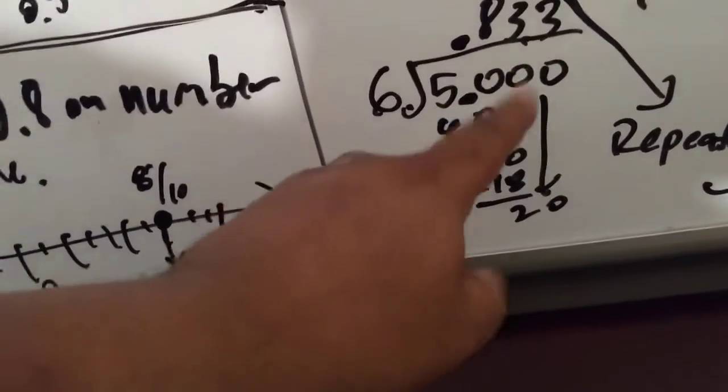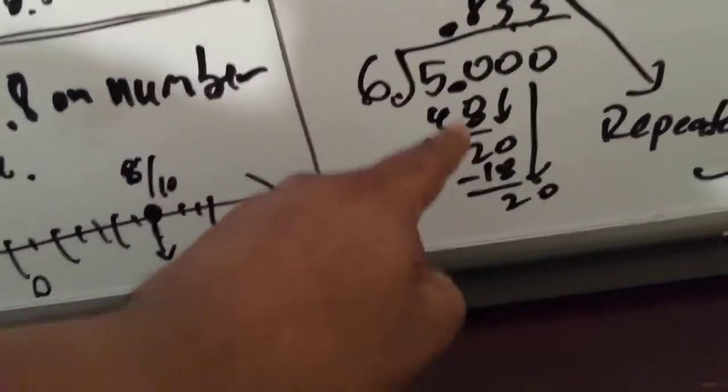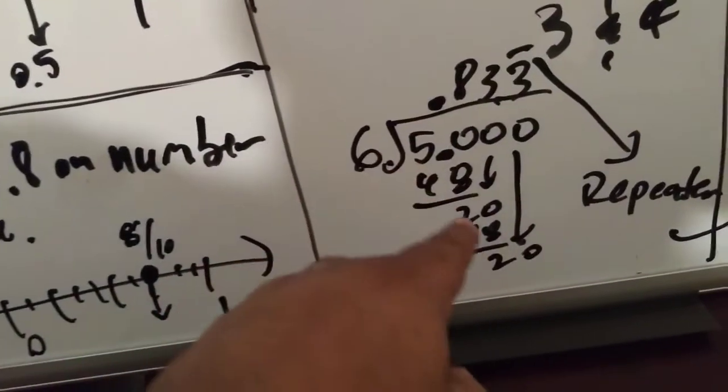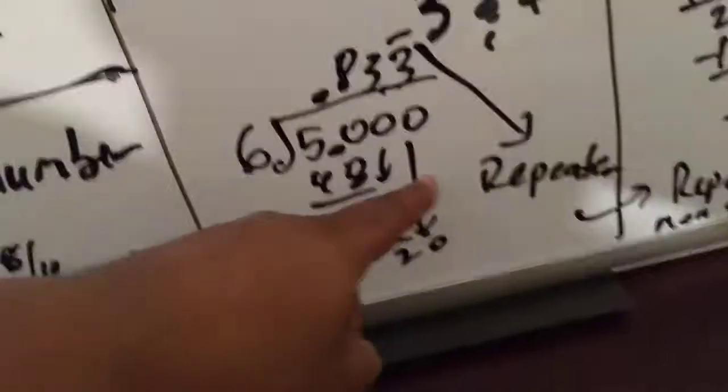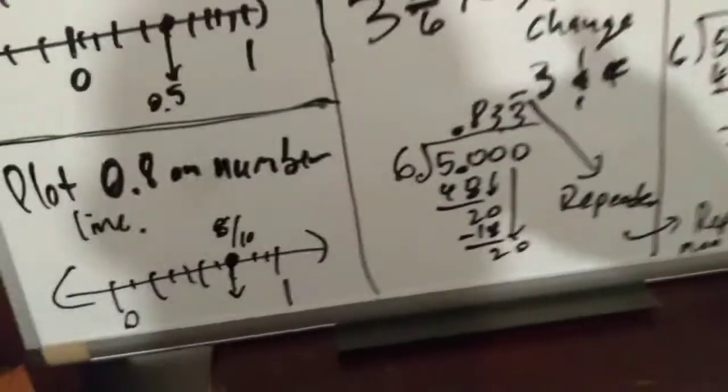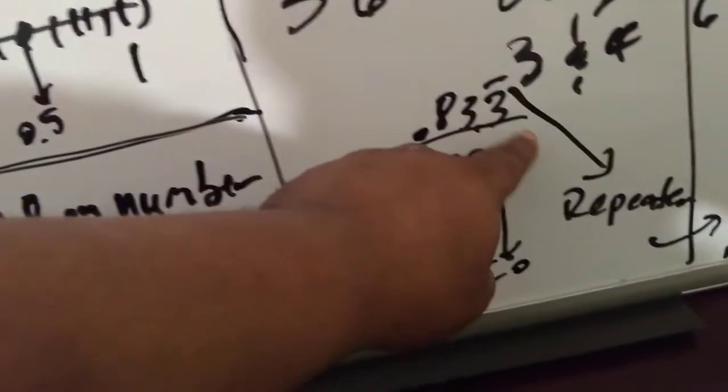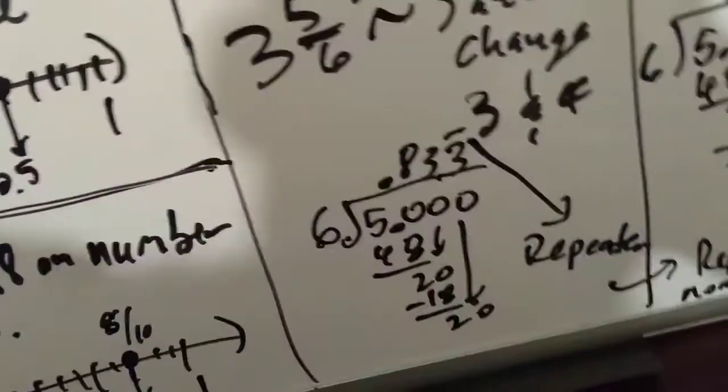Subtract, you get 2. Bring down your 0. 6 going into 20, 3 times, 6 times 3 is 18. This is just going to keep repeating, right? So this whole fraction has become a repeat all of a sudden, because it doesn't repeat nothing but this 3. When it's repeating this 3, we put this little bar, signifying it's a repeater.